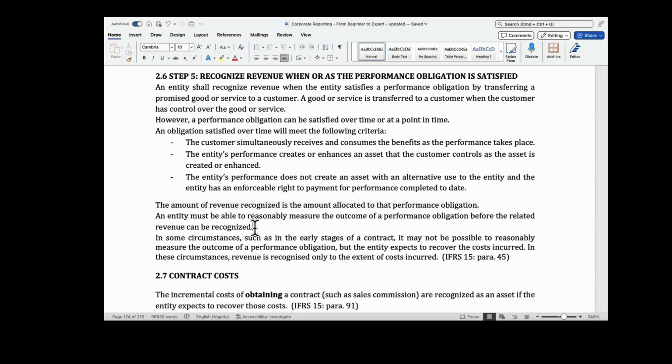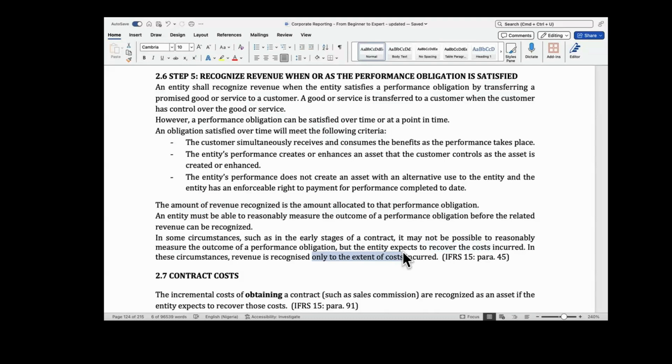However, there are some services where it will not be possible to measure the outcome in that manner. But if you are sure that you recover your costs, then the revenue you recognize will only be to the extent of the cost you have incurred.